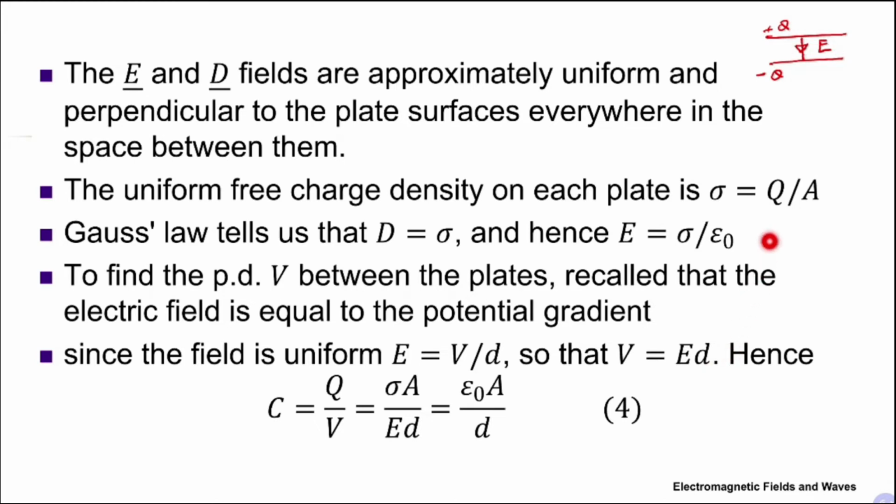And then we can work out the potential from the equation E equals minus the integral of V dot dl, and because the electric field is uniform across the plates and doesn't change from the top plate to the bottom plate, it's constant, and therefore this integral simply equals E times D.